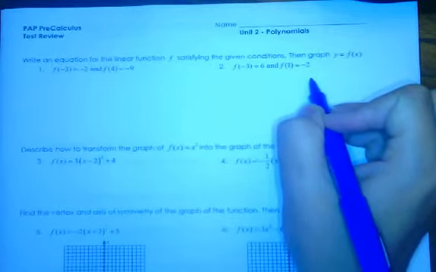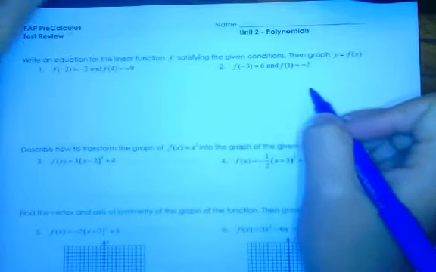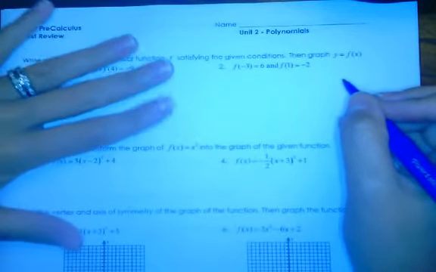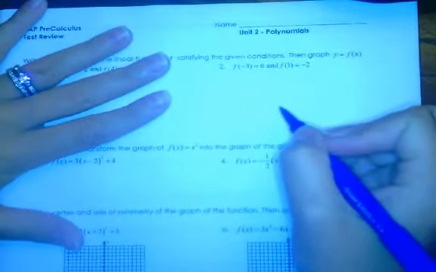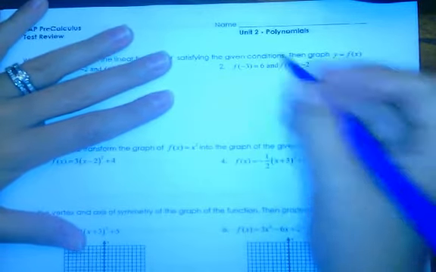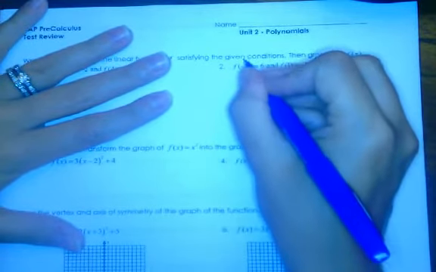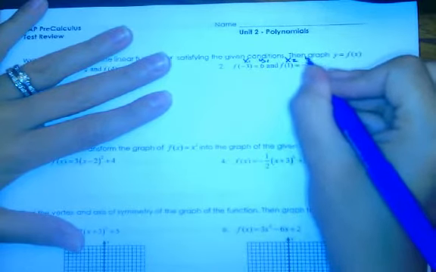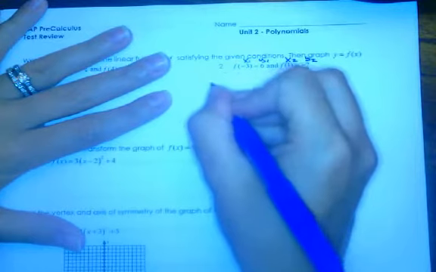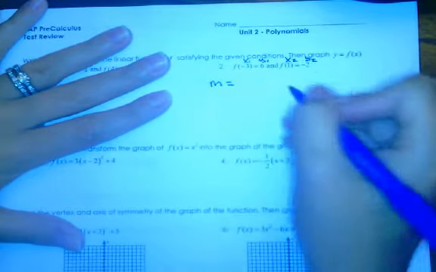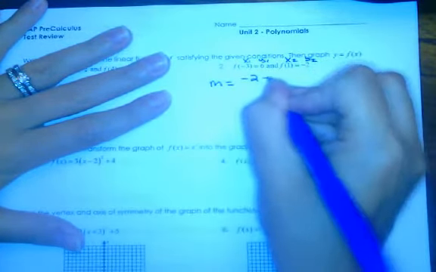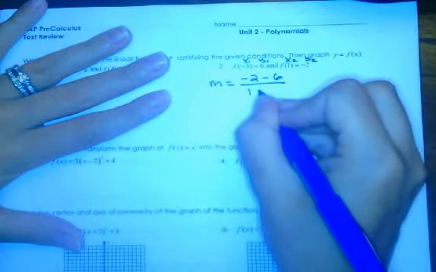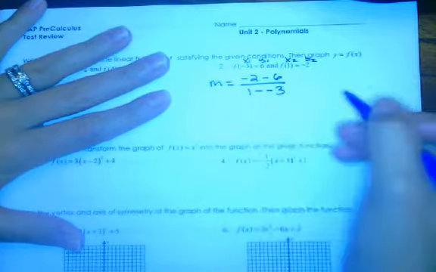And in order to be able to graph it, really I need to be able to write it in that y equals mx plus b form, meaning I need a slope. So the first thing I'm going to do when given 2 points is calculate the slope. So if I say x1, y1, and x2, y2, then I know my slope formula, m, is y2 minus y1 over x2 minus x1.